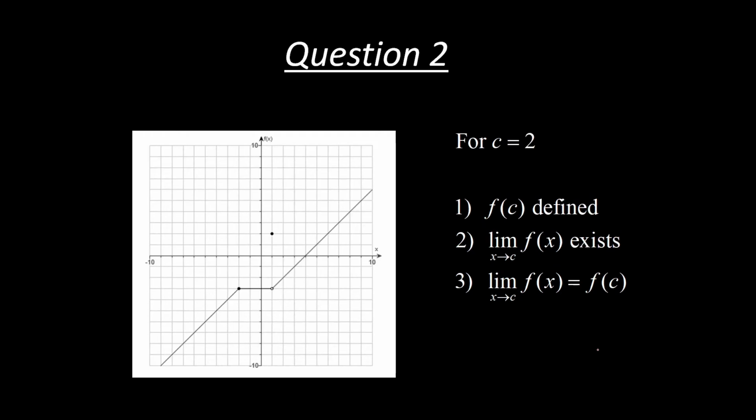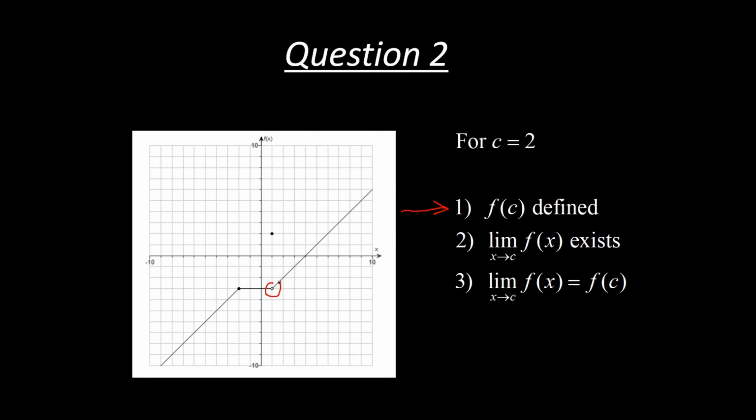So how about this? Question 2. Point of interest, c equals 2, right here on the graph. Check out the questions in lecture question 2. So for the first one here, is the function defined at 2?